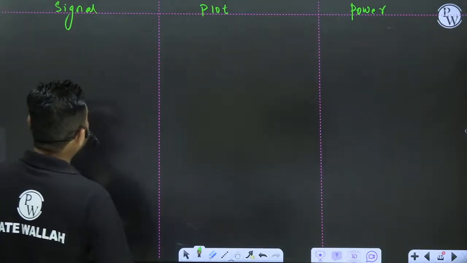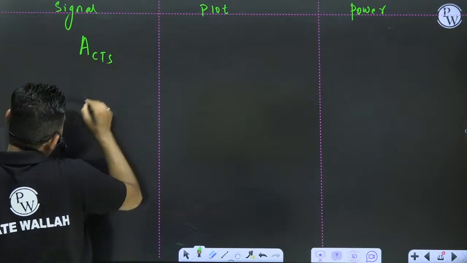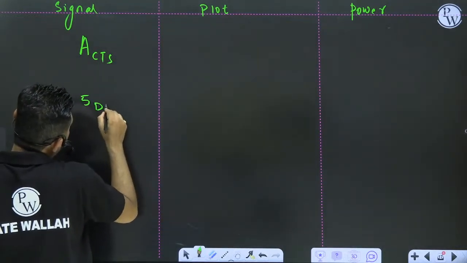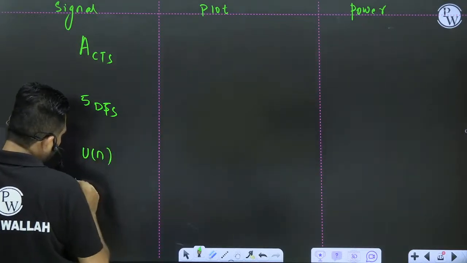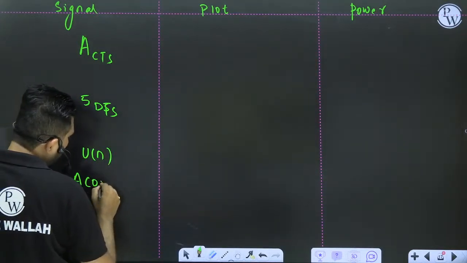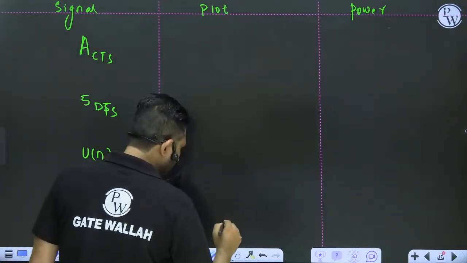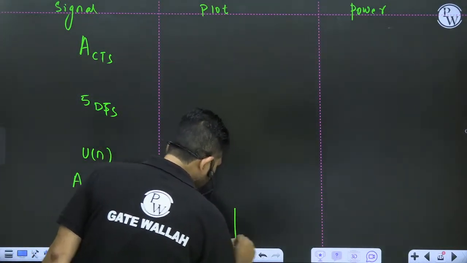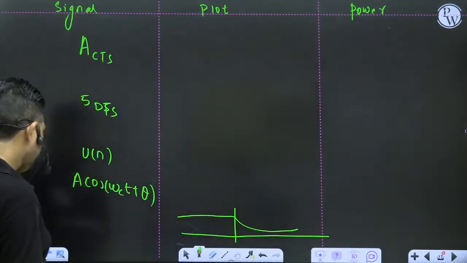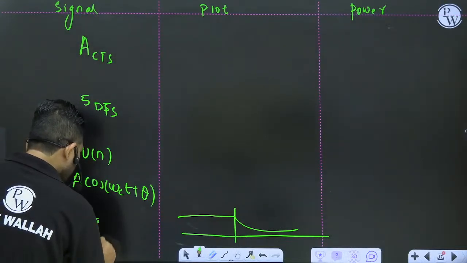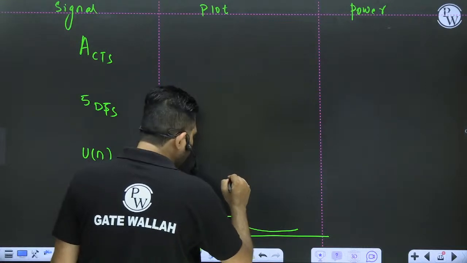So first was A in CTS, that was a 5 in DTS, then u(n), then A cos(omega_c t + theta). Another one was a signal. A signal given by this. A cos(omega_c t), quickly we can make.